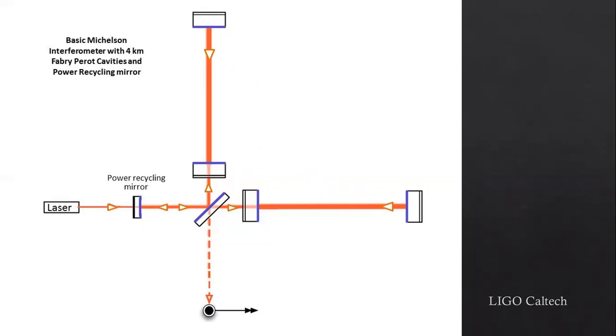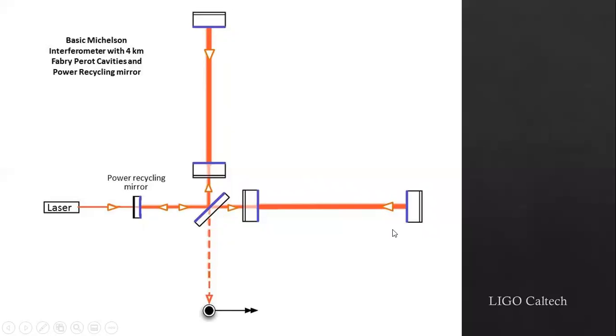Essentially, the laser beam passes through the power recycling mirror and goes to the beam splitter. At the beam splitter, the laser beam is split evenly into the two arms. The laser beam reflects on the mirror here, and on its way back, it's reflected by the power mirror again and sent back into the arm.